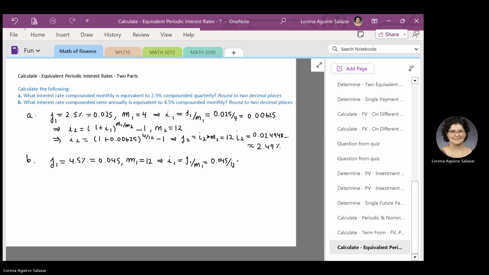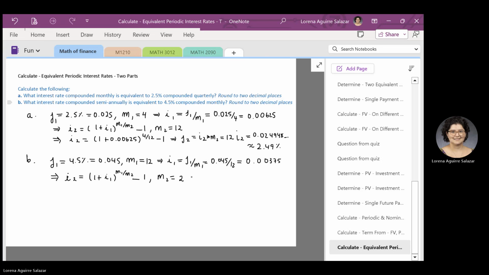Okay. So then I2 will be equal to 1 plus I1 to the M1 over M2, take away 1. Because we have an interest rate that will be compounded semi-annually, M2 is 2.